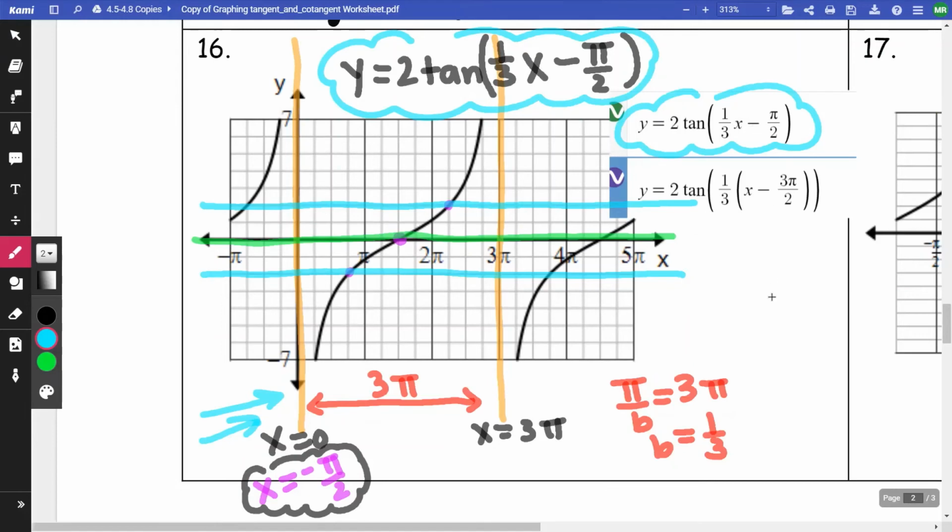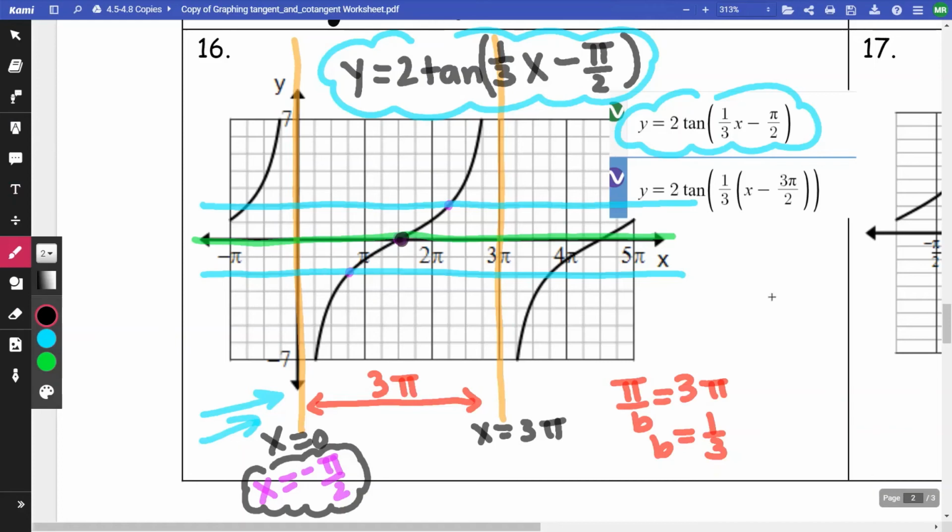You can also think about this particular point right here. When I was doing that on the graph, it ended up having to be shifted because it was actually on my y-axis, but it should not be on my y-axis.